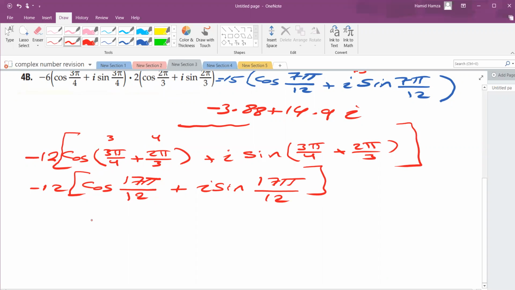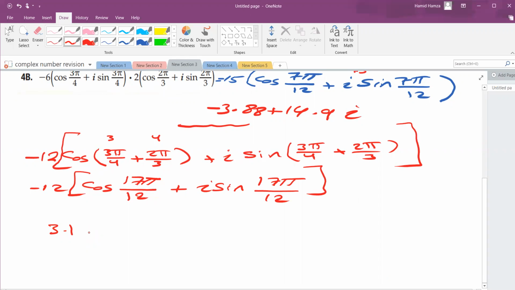Okay, negative 12 multiplied by cosine equals 3.1.